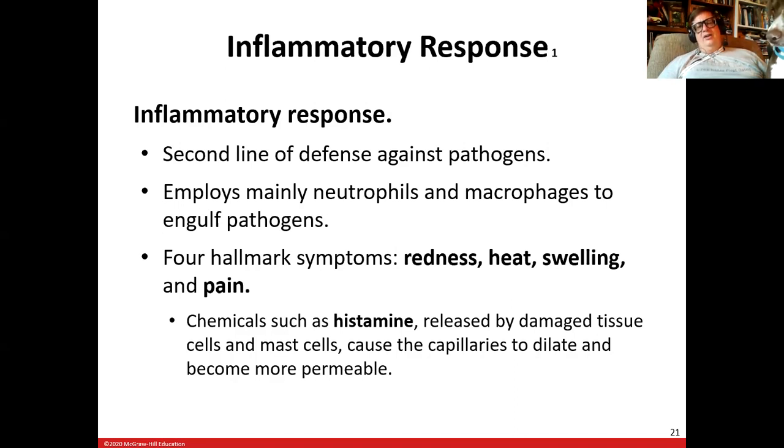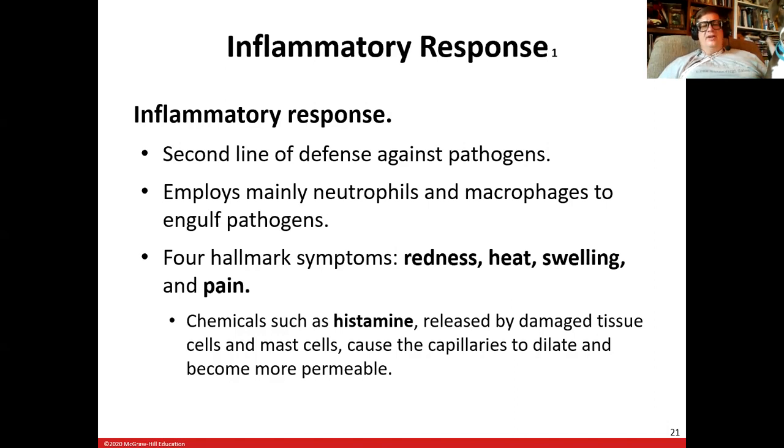Because that hot blood is there. Why is it swollen? Because you got so much fluid coming to the tissue, not just the blood that arrives there, but the capillaries get more permeable, the vessels get more permeable, and fluid passes across the wall into the interstitial fluid and stays there. And pain, well, if you swell up like that, you're going to be pinching the nerves.